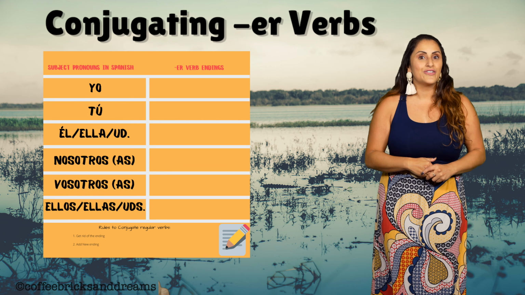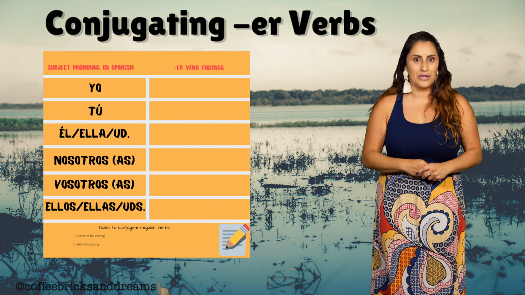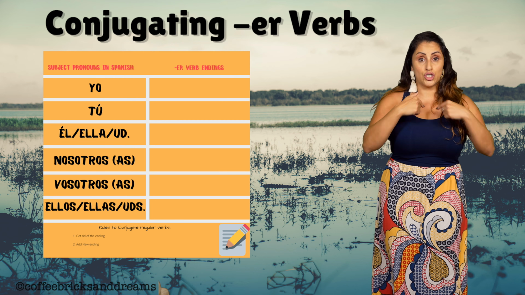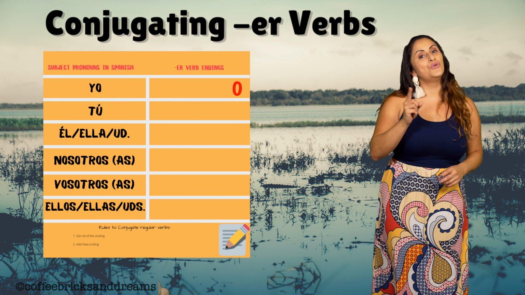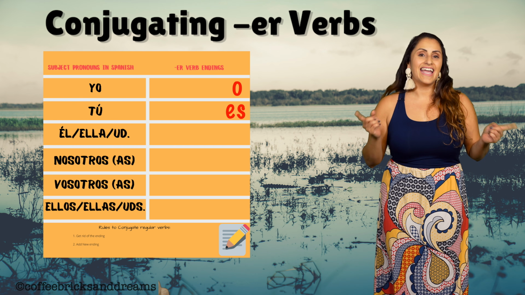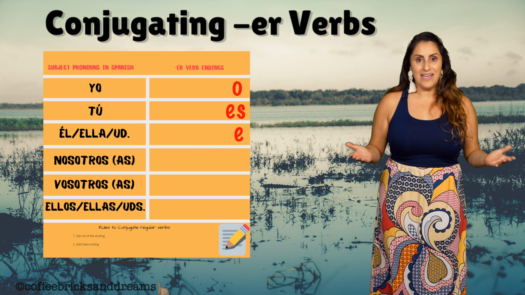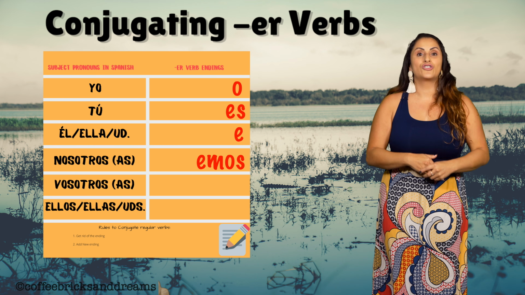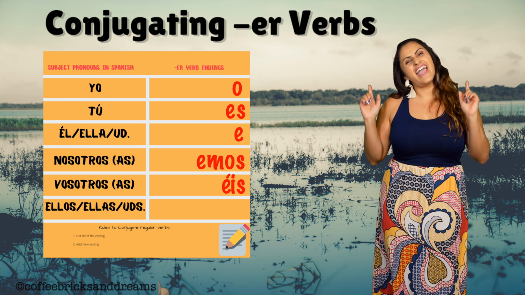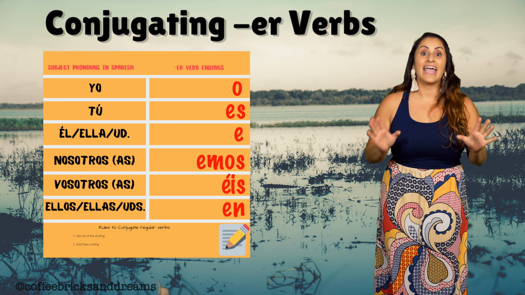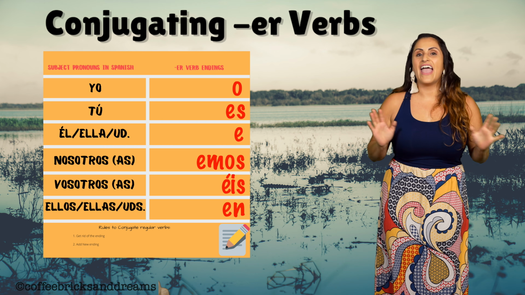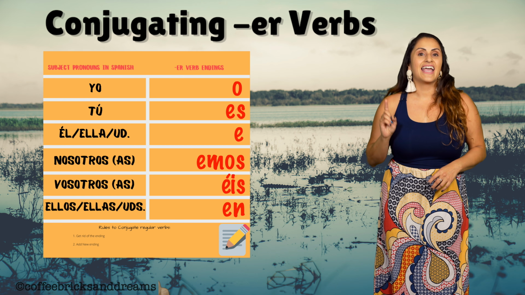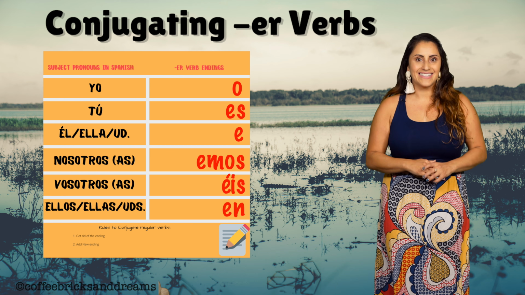So let's make sure that we see how they go along. The endings for ER verbs are as follows. For yo, o; tú, es; él, ella, and usted, e; nosotros, emos; vosotros, éis; and ellos, ellas, and ustedes, en. So again, the endings for ER verbs are o, es, e, emos, éis, and en.